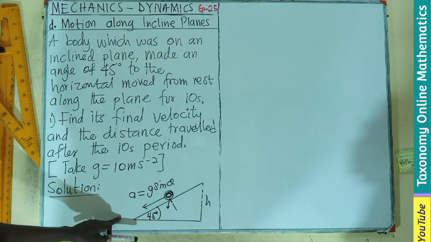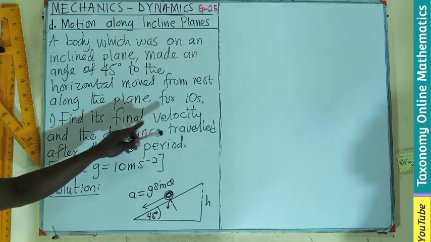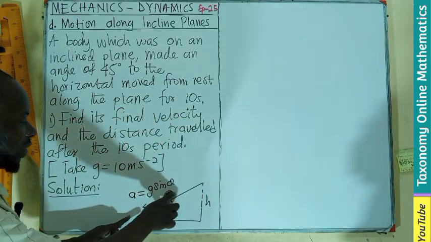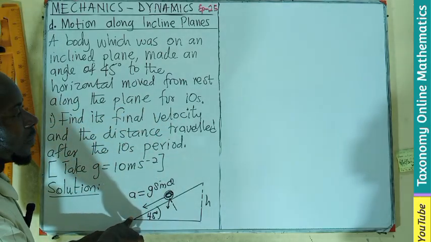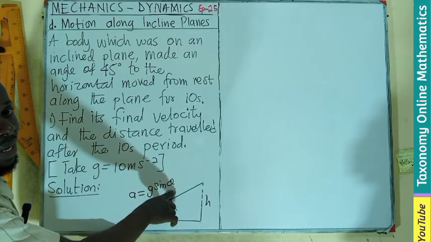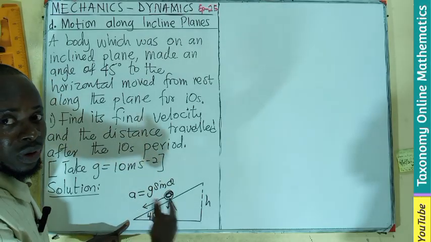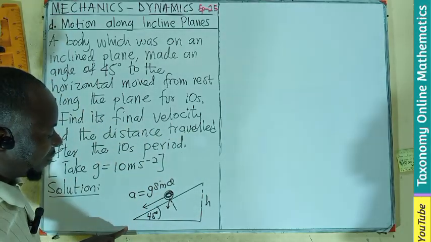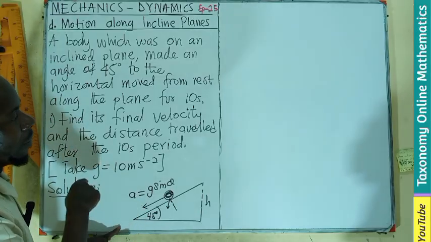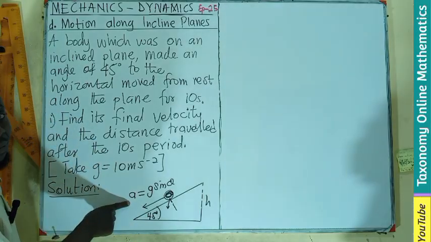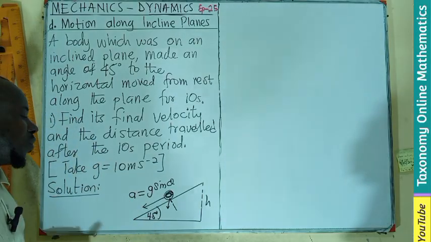Now, what are we looking for? We are to find the final velocity, the velocity at which it gets to the end here. Moving from rest means the initial velocity is 0. If the initial velocity is 0 and the time is known, the acceleration can be calculated because the angle is known.